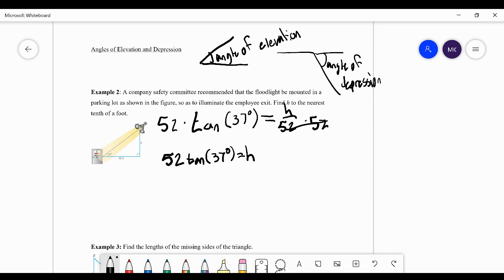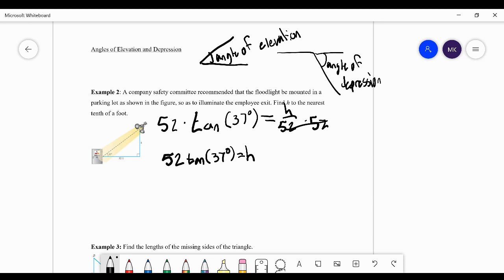Now remember, degrees and radians are different, right? 1 degree is not 1 radian. And so we have to be careful that we have our calculators in the right mode. So if I said tan of 37 and my calculator was in radians, it's going to take the tangent of 37 radians, not 37 degrees. So we want to use our calculator to do this. We can do it all at once, or you can do it piece by piece. I'm going to do it piece by piece just so that you can make sure you're in the right mode.